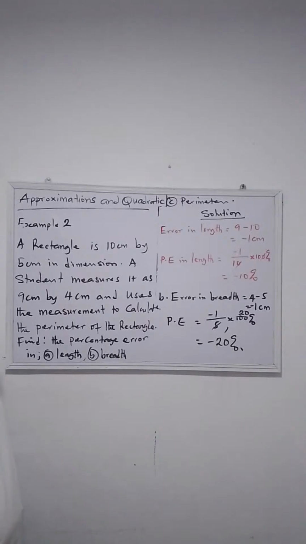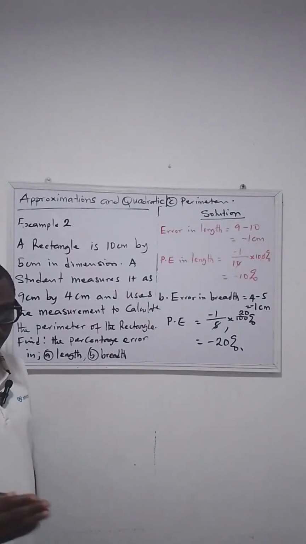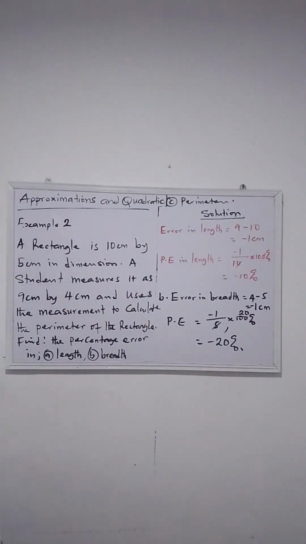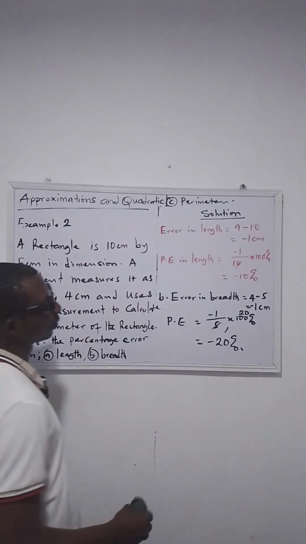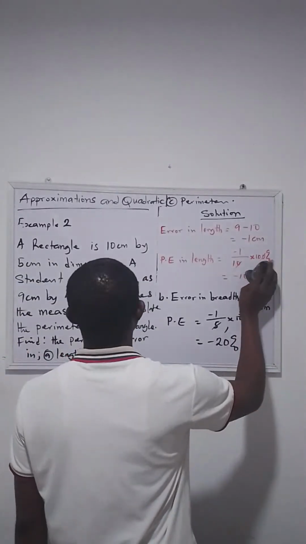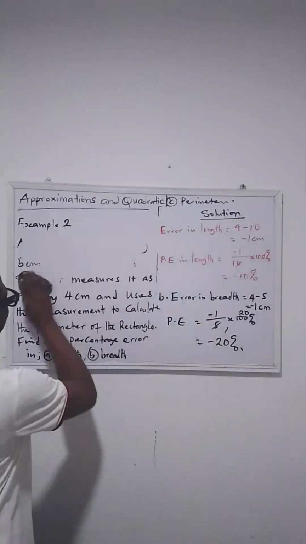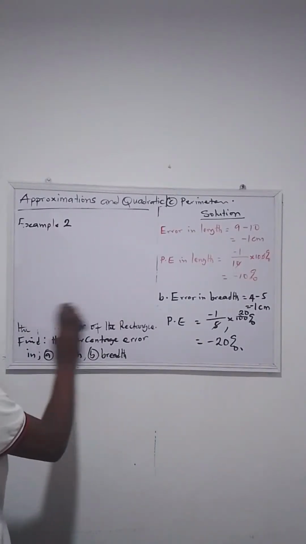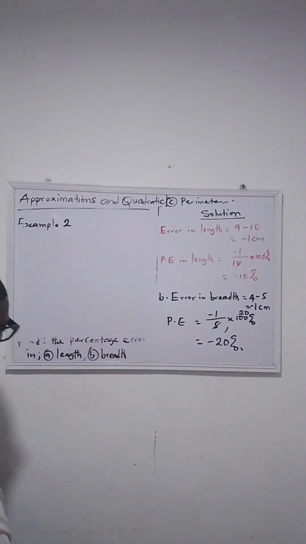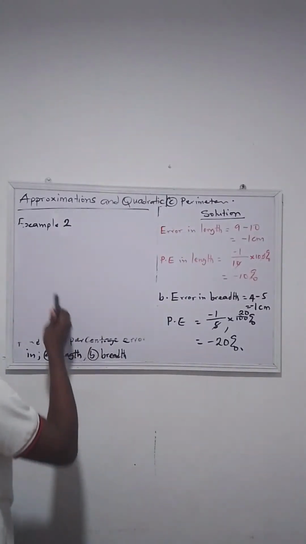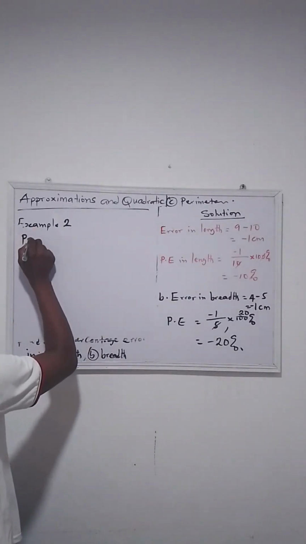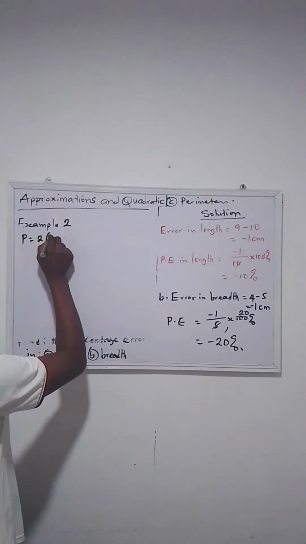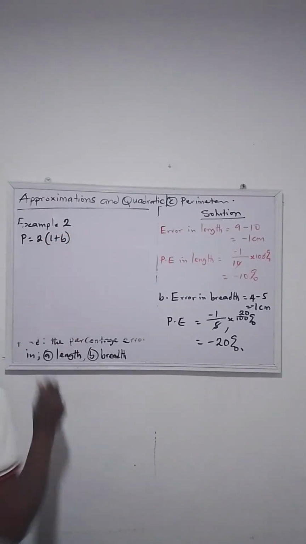So, okay, now let's look at the third part of the question. So you have to find the percentage error in perimeter. Okay, so now let's see. What is the actual perimeter of the rectangle? The perimeter of a rectangle is 2 open bracket L plus the breadth.